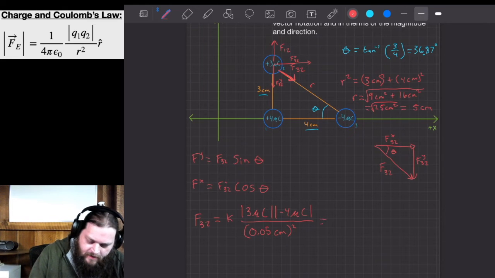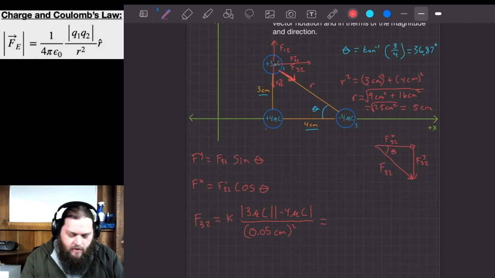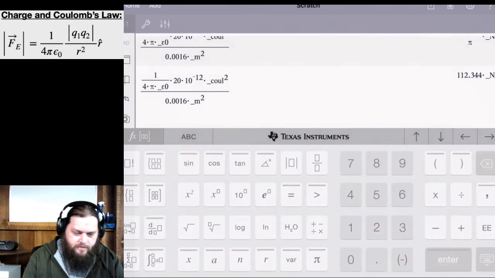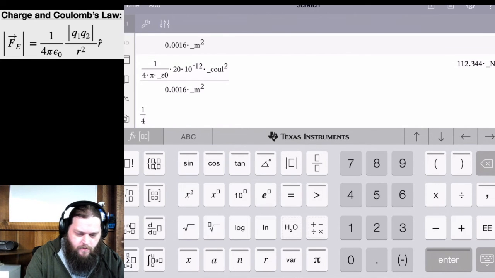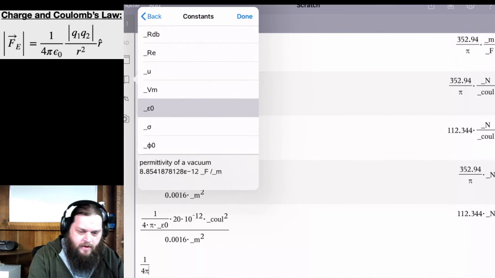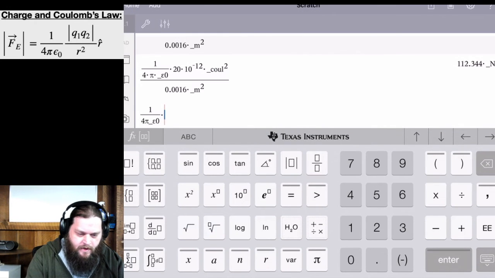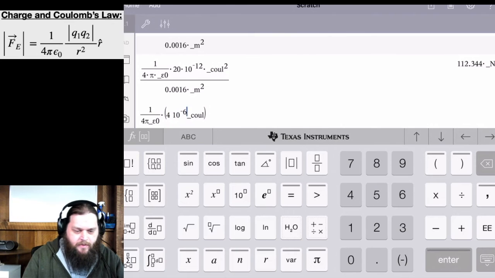All right, so let's plug that into our calculator and see what we can get. I'm going to do it real quick here. So if I do 1 divided by 4 pi epsilon naught, and that's the value for k, that constant k, times, and we had -4 microcoulombs, so 10 to the -6 coulombs. Let's make that positive just because we're taking the magnitude for everything. It'll make things a little bit easier.